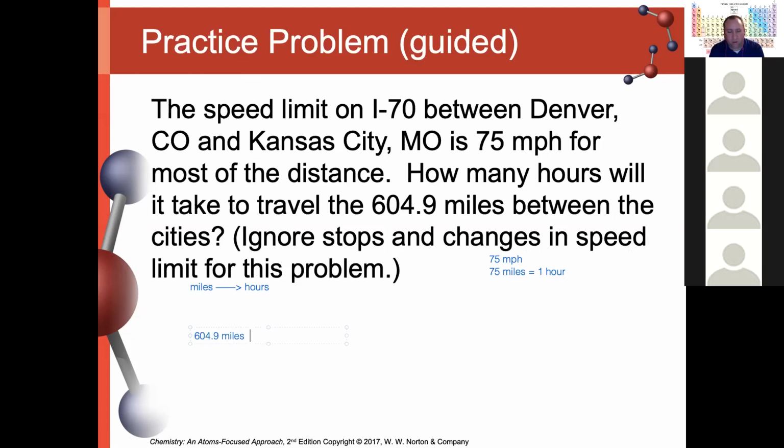We're going to multiply that by a series of factors, a series of conversions, to get rid of the miles and turn it into hours. So our first and only factor here is 1 hour is equal to 75 miles.